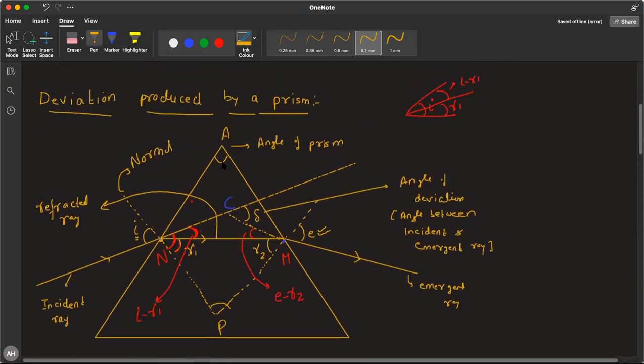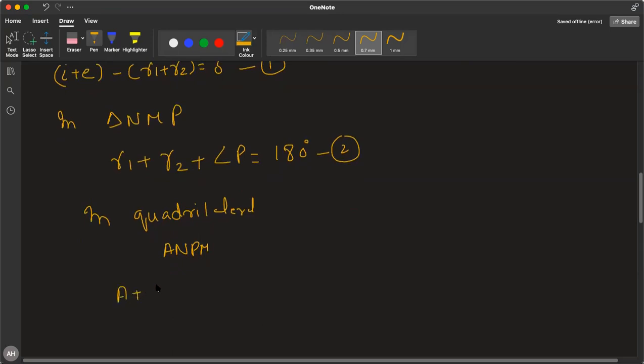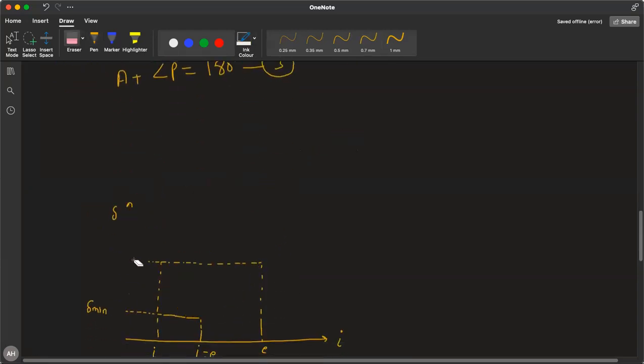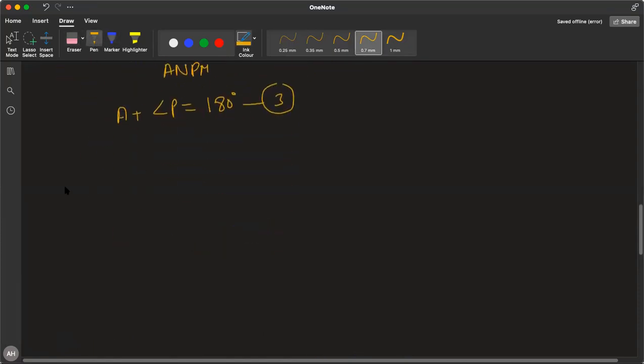So the opposite angles are A and P. So you can say that A plus angle P is equal to 180 degree. That is equation number 3 now. Now you can equate them. If you want, you can equate equation number 2 and equation number 3. So just equate 2 and 3.